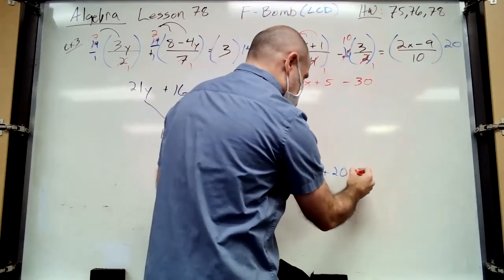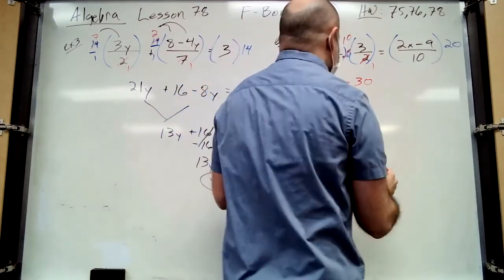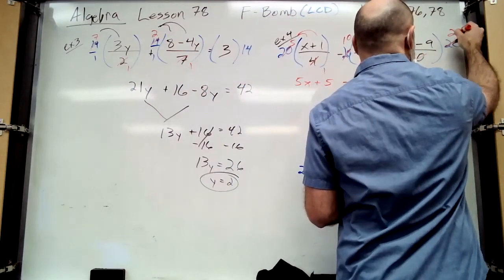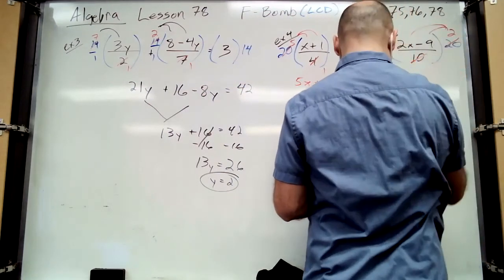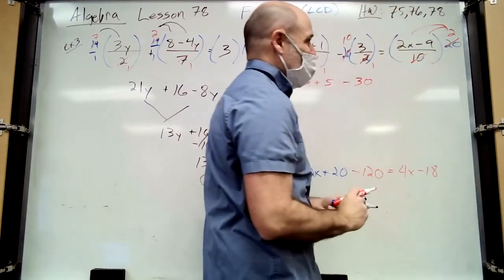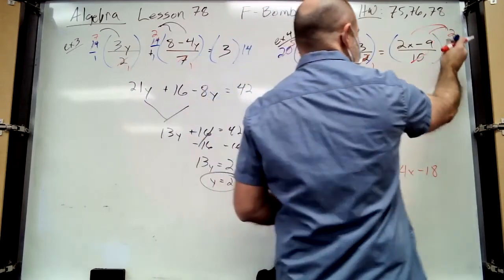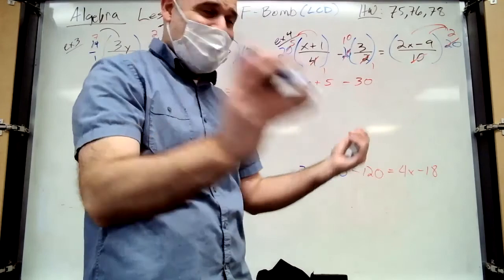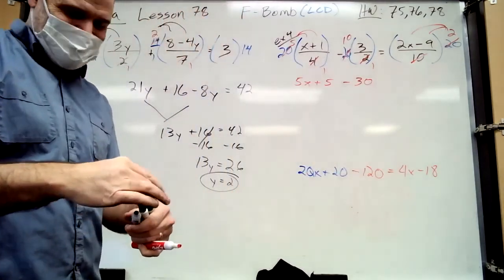Did you get 120 there? Yeah. Okay, so far so good. Good job. All right, this 10 and 20 cancel to 1 and 2. So then I get a 4x minus 18. So if that was an 80, it would have been a 16x minus 72. Is that what you got? Yeah. All right, good. Then I added all that.